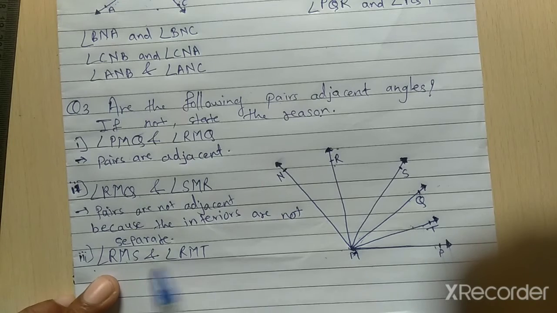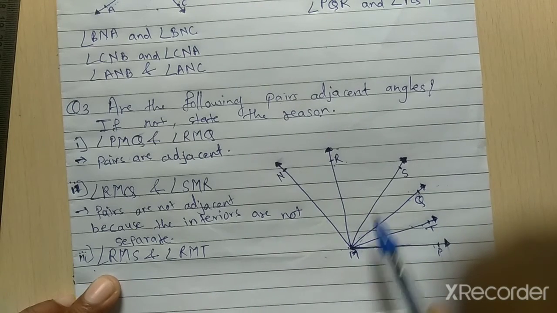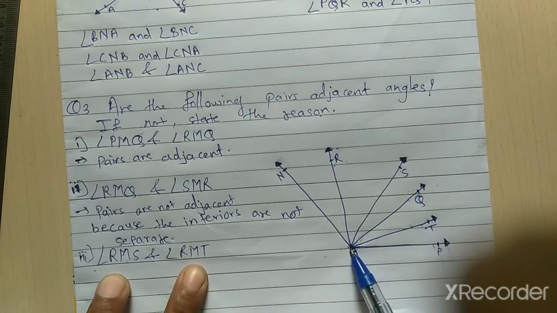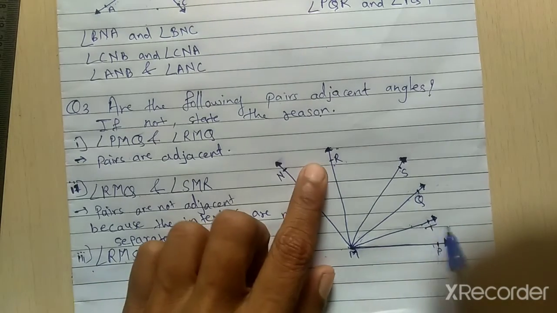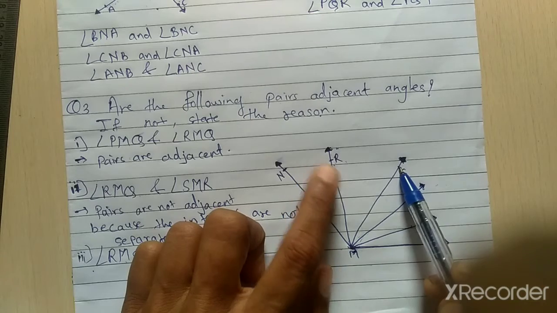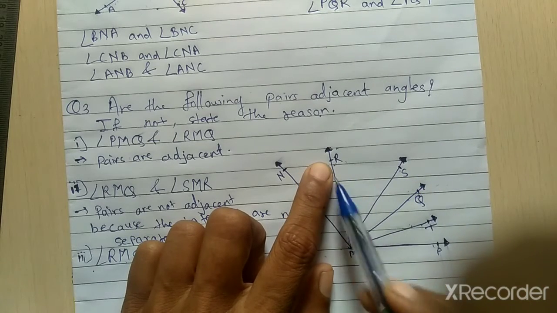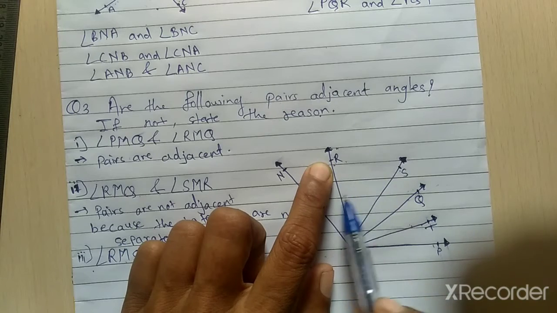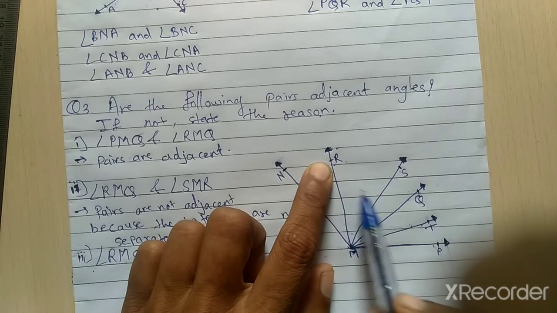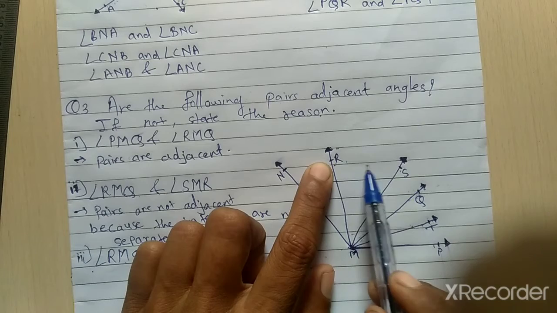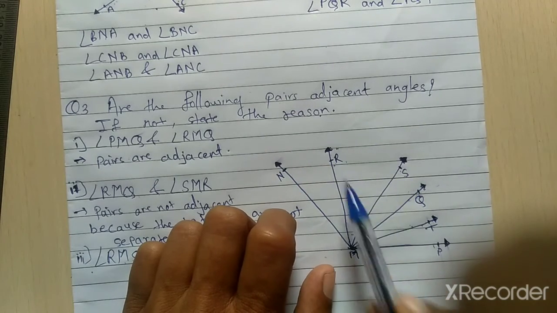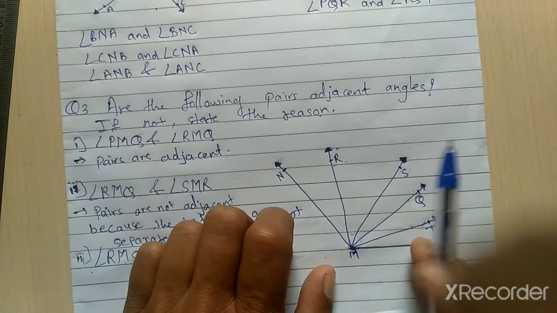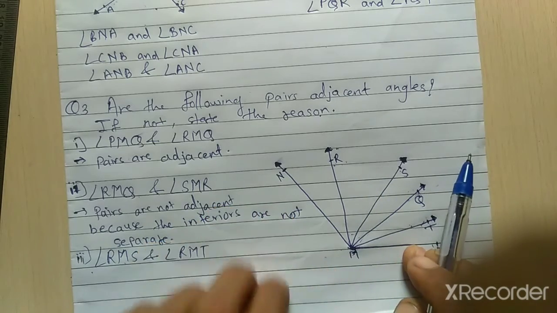Angle RMS, RMT. Again look here. RMS is this side and RMT means this whole part. So again this part is common. RMS part is common here. So there is no separate interior.